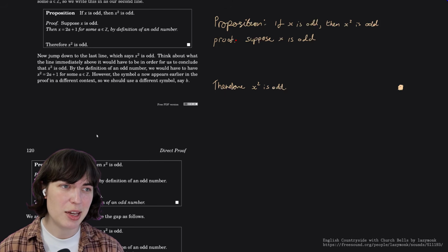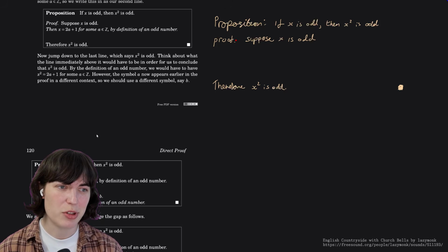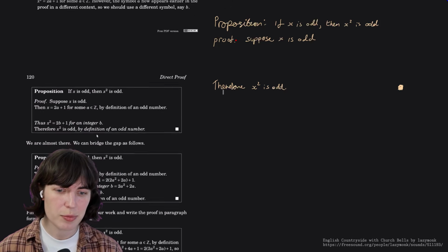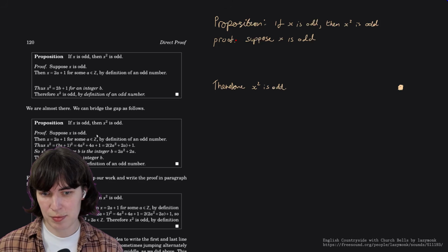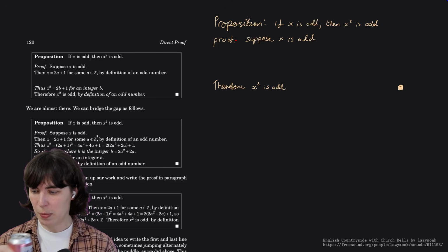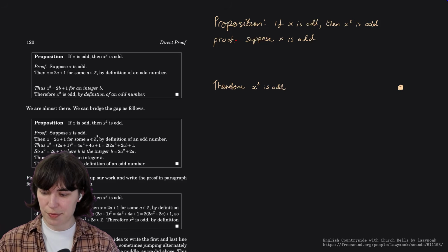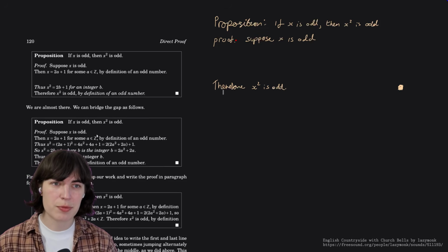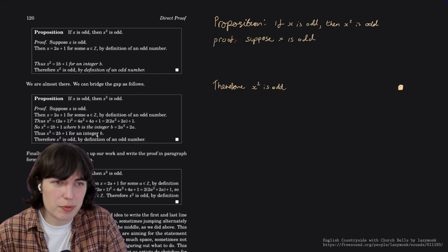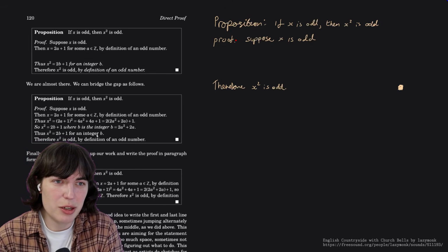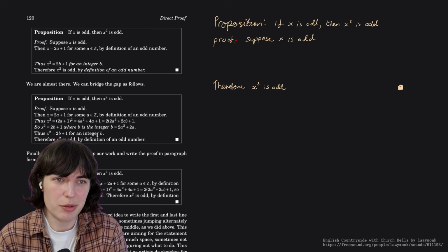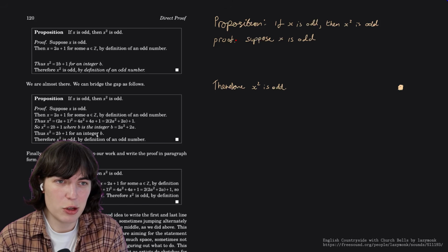However, the symbol a now appears earlier in the proof in a different context, so we should use a different symbol, say b. Right, so we're alternating between the front and the back, top and the bottom.